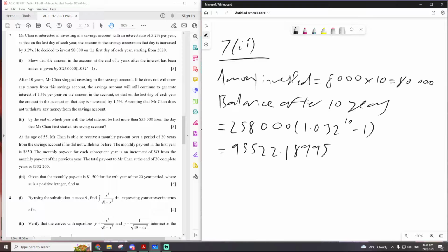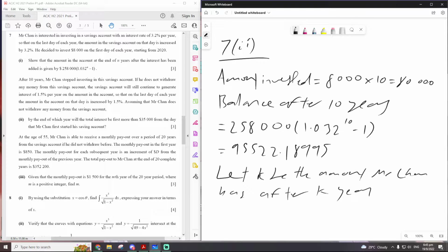Okay, so you have this much. This is how much Mr. Chan has. So this is going to increase by 1.5%, but you need to remove the 80,000 so that you get 35,000. Okay, so let K be the amount Mr. Chan has after K years from after 10 years.